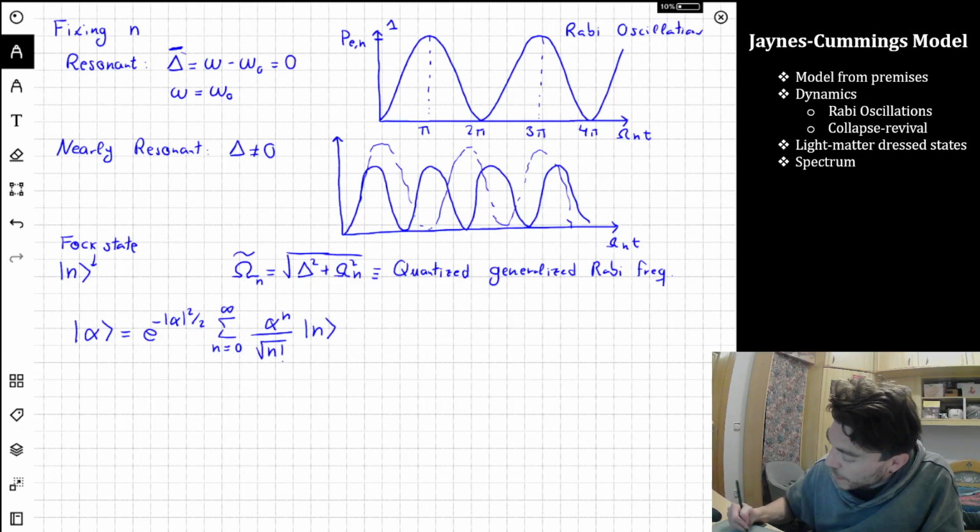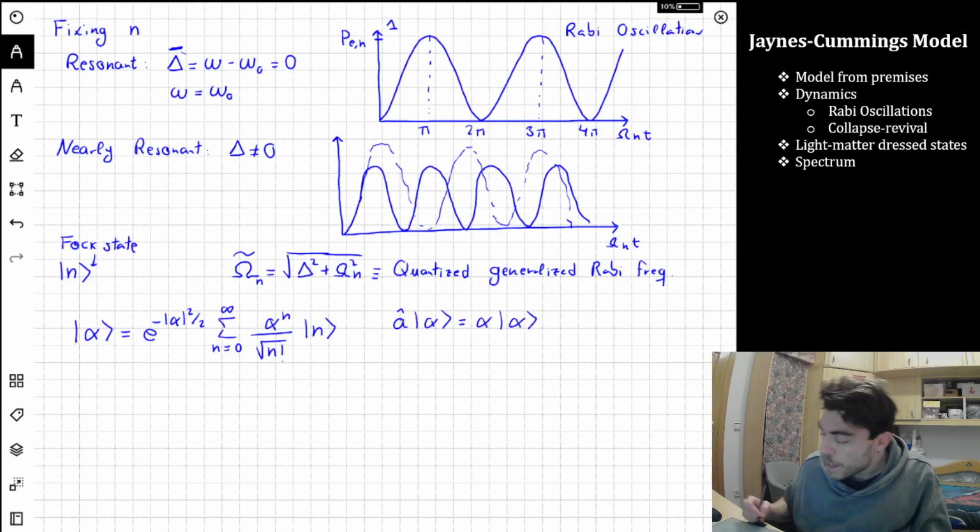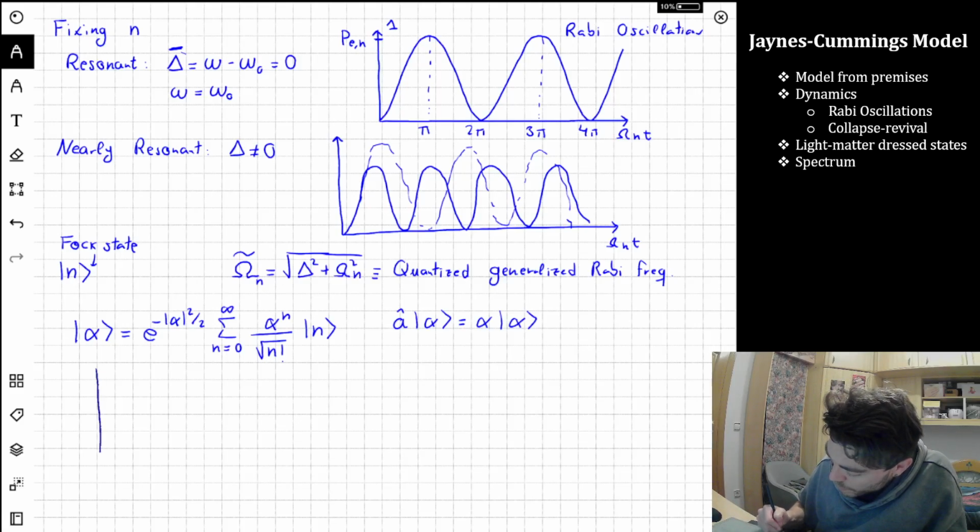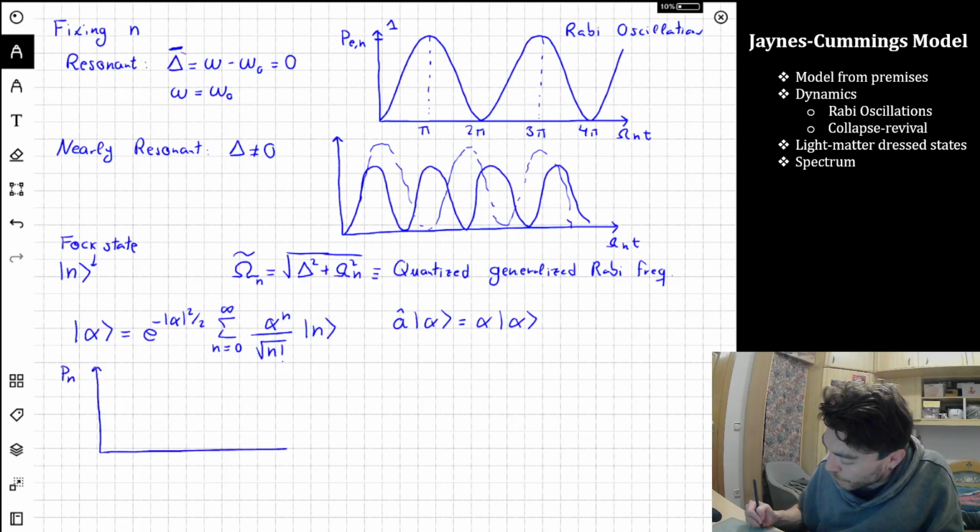Apart from details, they are defined as the eigenstates of the annihilation operator of photons, and these are the states that typically one has in a cavity. For these states, we can compute the probability of having n photons given a certain coherent state alpha, and we can plot it as a function of n, the number of photons, and then we will get something like this.